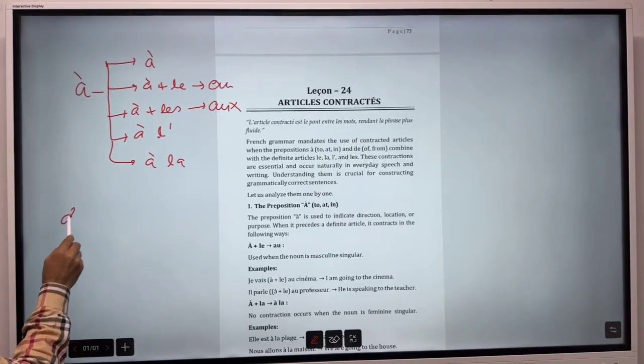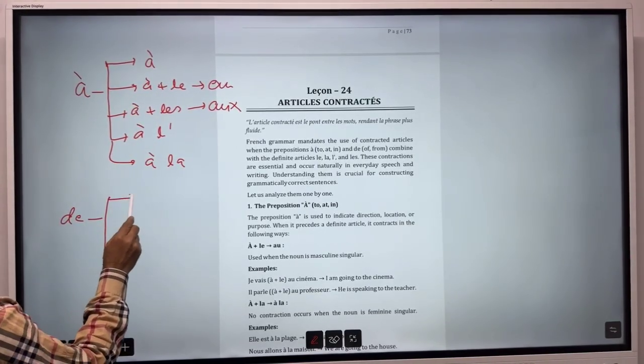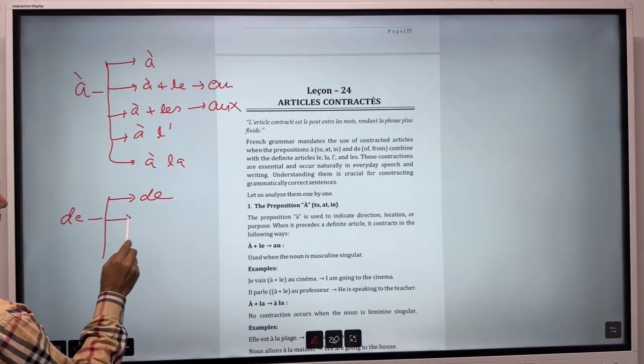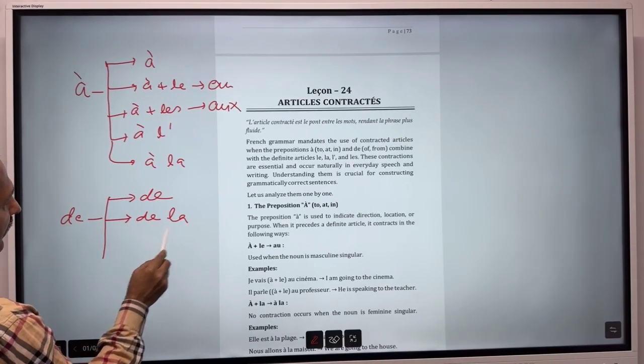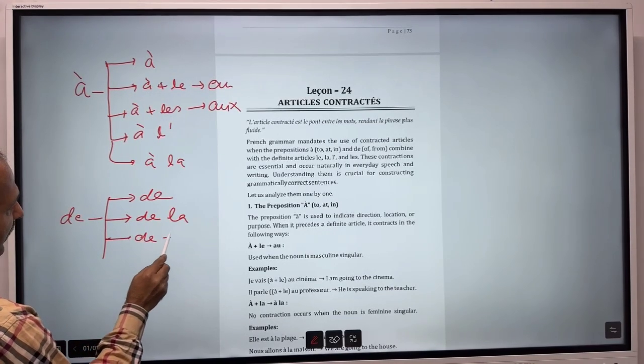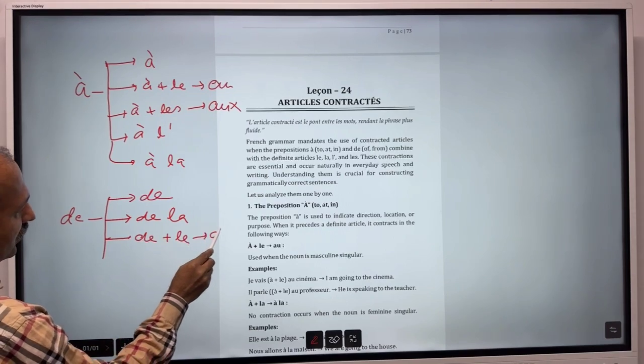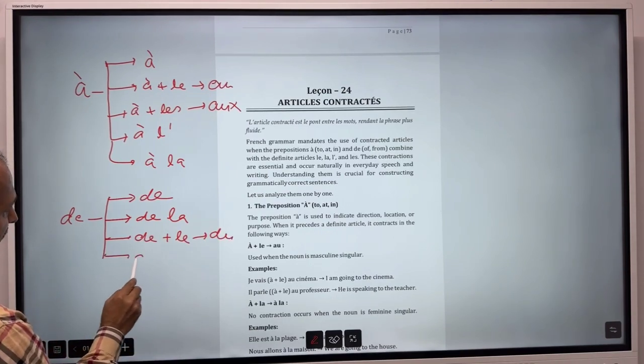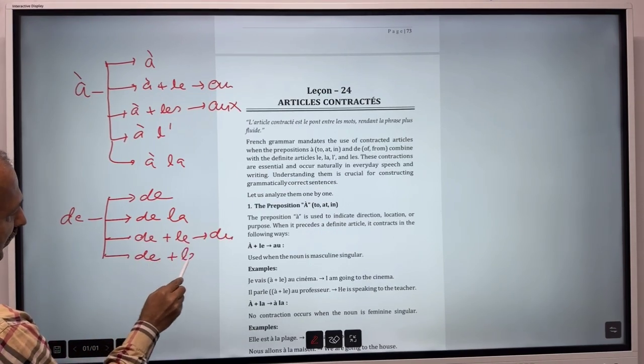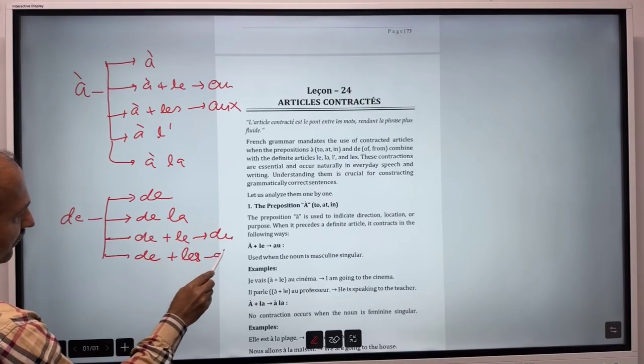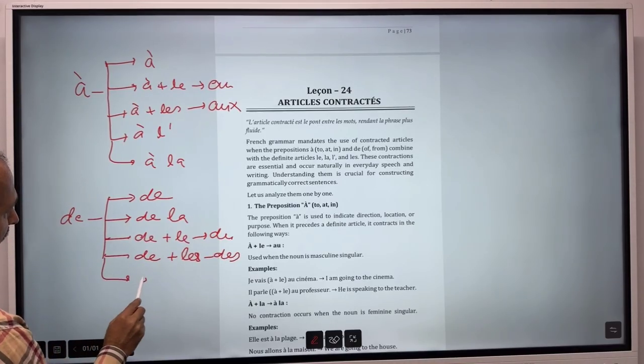And similarly with de, possible forms are de itself, then de la, then de plus le, which becomes du, de plus les, which becomes des, then de l'.